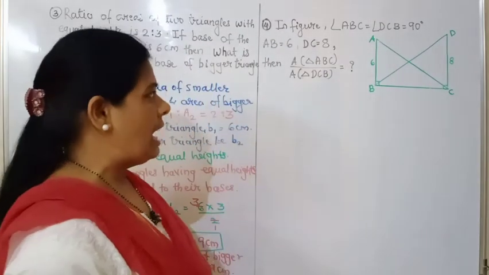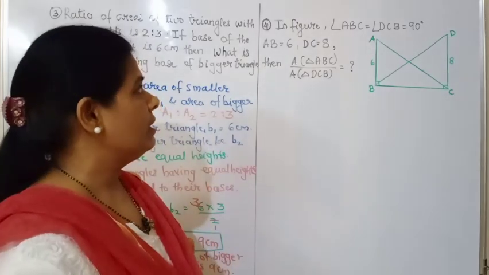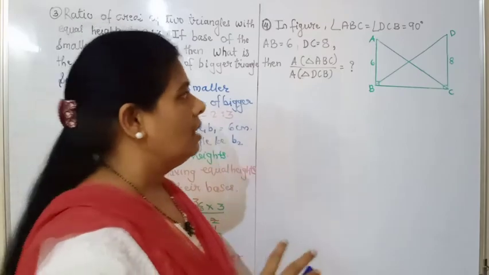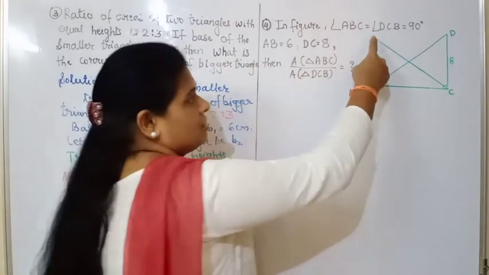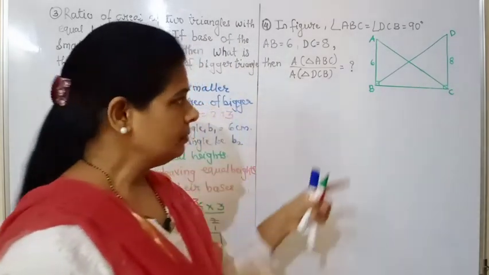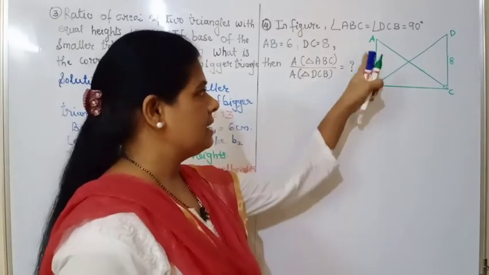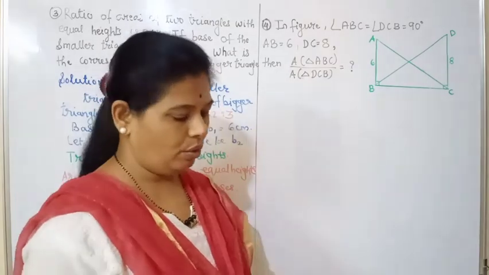Now, as you can see, the next sum I have written on the board is the fourth example. In this we are able to see two triangles, triangle ABC and triangle DCB. In these two triangles, AB is 6 and CD is 8.